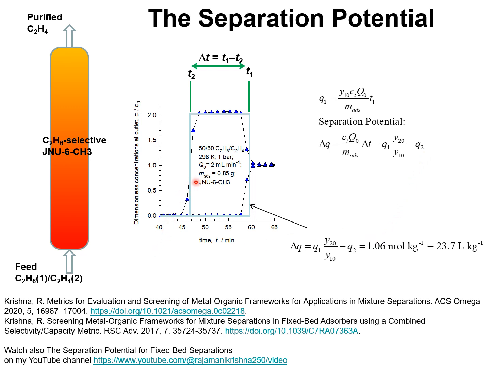For 50-50 mixtures of ethane and ethene in JNU6 using the unary isotherm data, we can determine delta Q to be 1.06 moles per kilogram, which translates to 23.7 liters per kilogram.